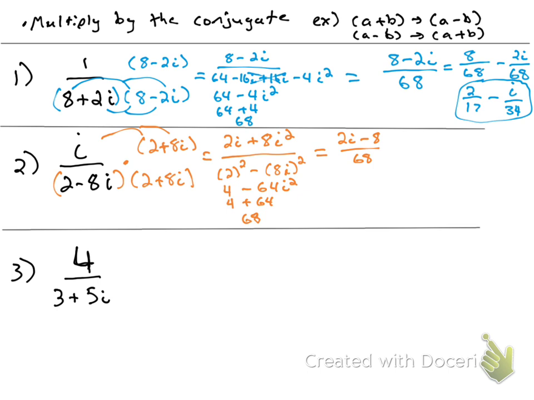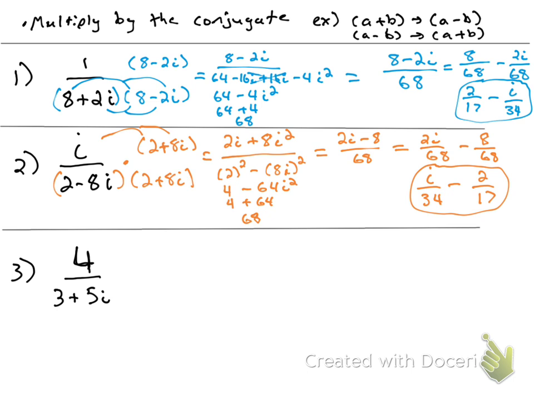And when we simplify there, we'll get a very similar answer. 2i over 68 would simplify to i over 34 minus 2 over 17. 8 over 68 simplifies to 2 over 17.